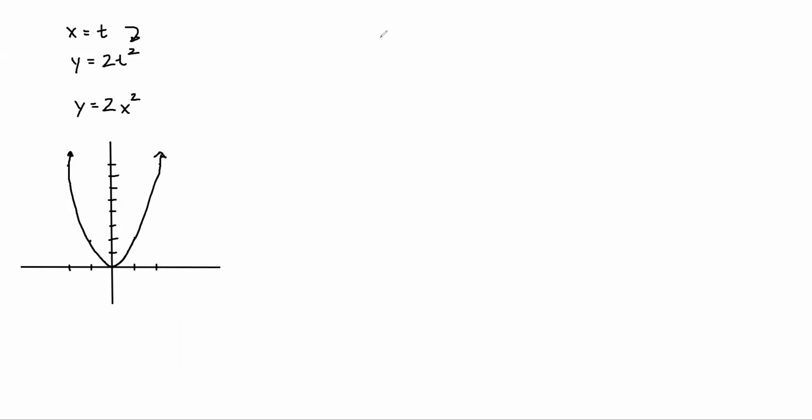Okay, and now what if we tried to do the same thing? If we have x equals 2w, and then y equals 8w squared, well, we could rewrite 8w squared as 2 times (2w) squared. So this would also allow us to substitute it in there, and then we would get y equals 2x squared.